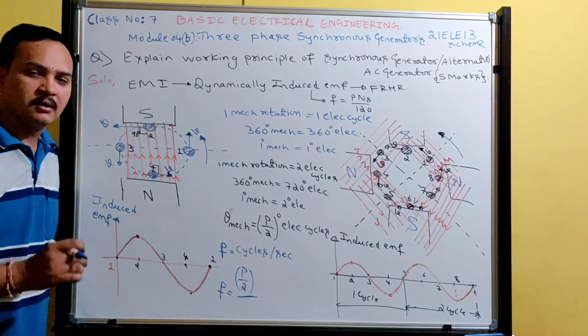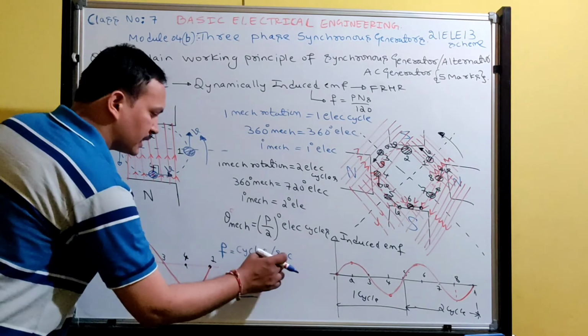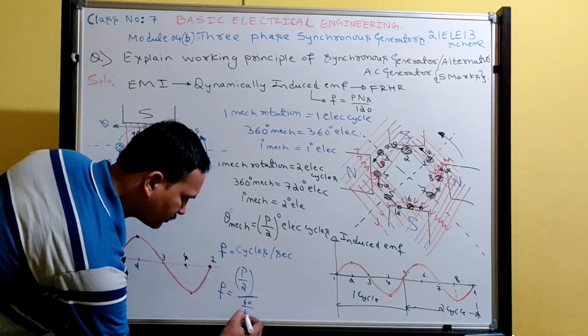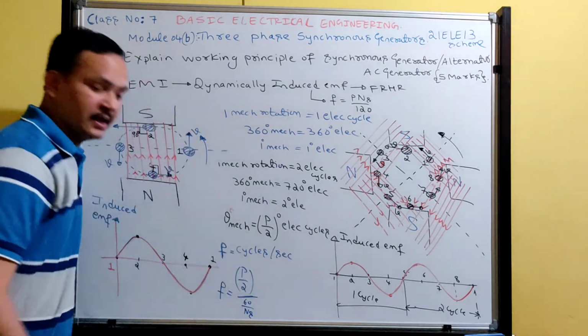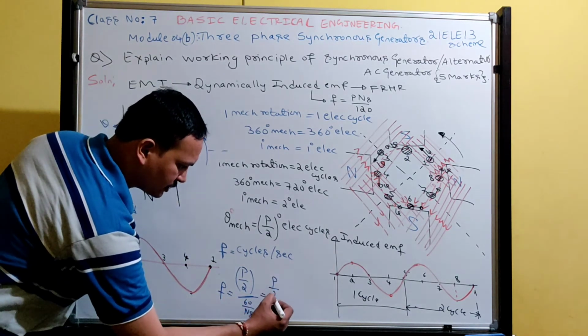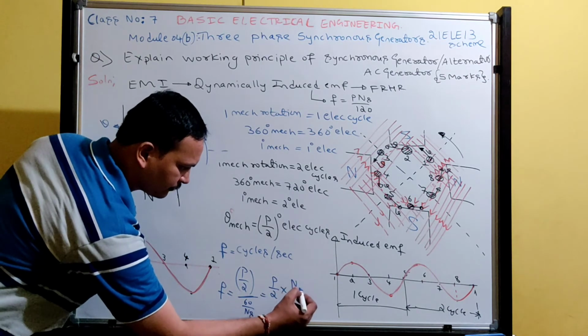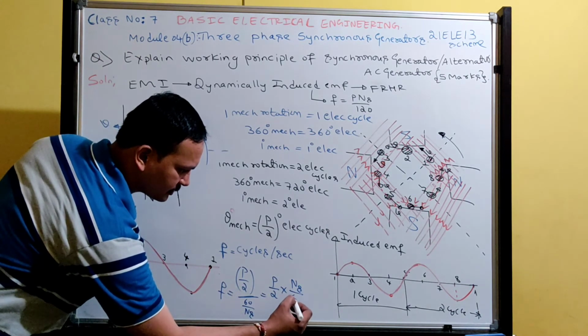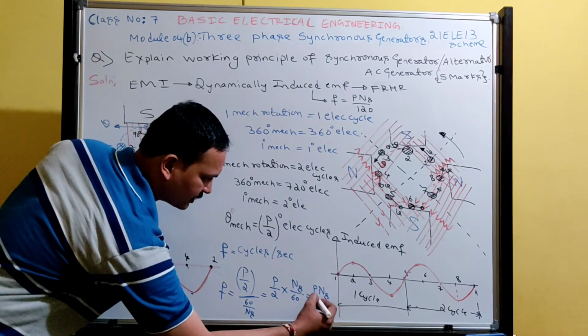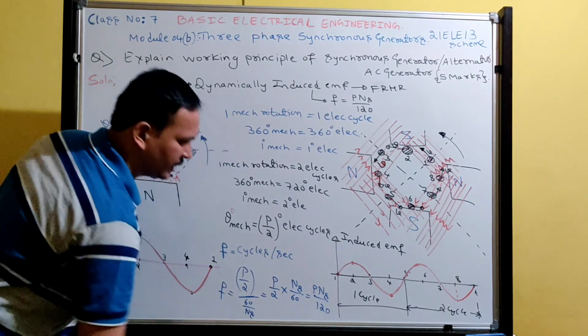The time taken in seconds is written as 60 by ns. Now simplify this: P by 2 into ns by 60. Further this becomes P_ns divided by 120.